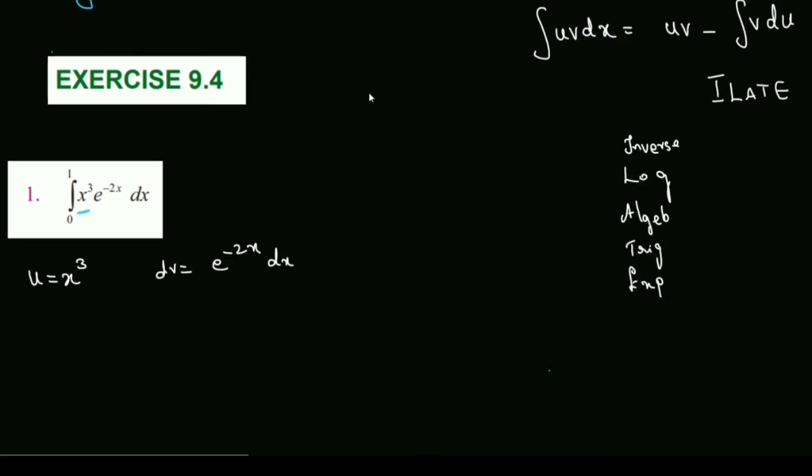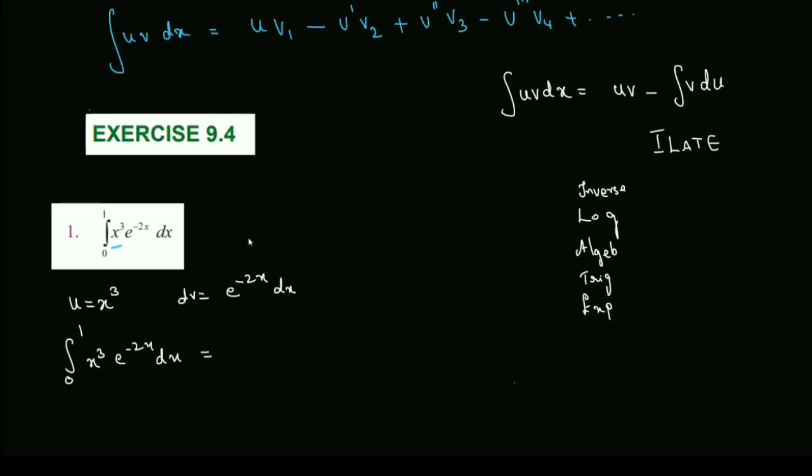Now what we should do here: the integral 0 to 1 x cube e power minus 2x dx. You have chosen u and dv. Now you need not write dv at all. Just look at Bernoulli's formula: write u as it is.